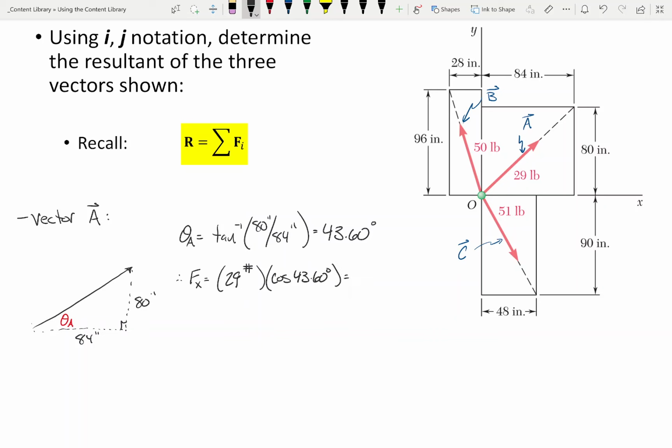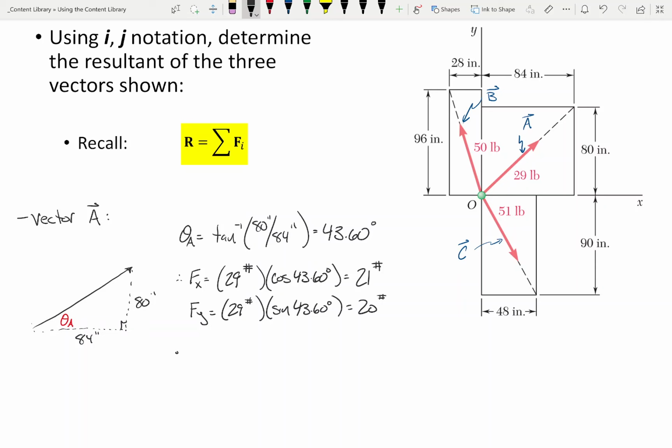So what does this come out to be? 21. It actually comes out to be exactly 21 pounds. What about this one? 20 pounds.